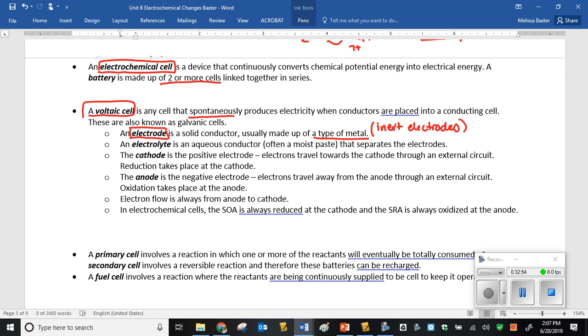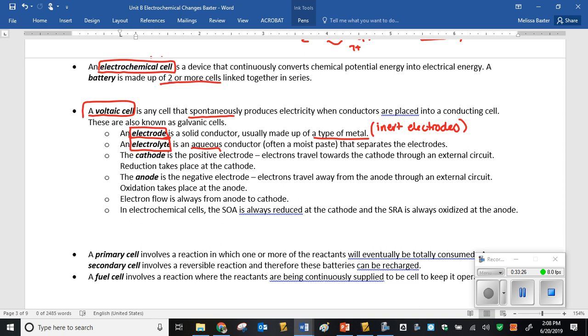Frequently it is, but in some scenarios, the electrode is just there to conduct electricity, but it's not actually participating in the reaction. You always have an electrolyte. If you look at each half of the cell, there's usually a different electrolyte on each side. It's something that's aqueous. In real batteries, it's often not a solution, but rather a paste. But as long as it's moist, that will work.